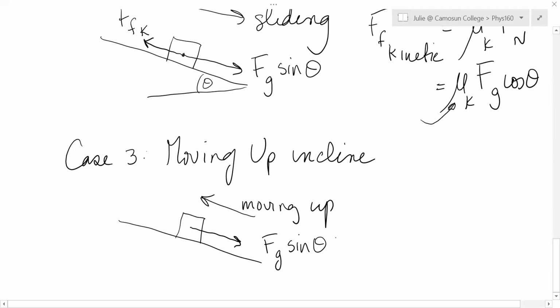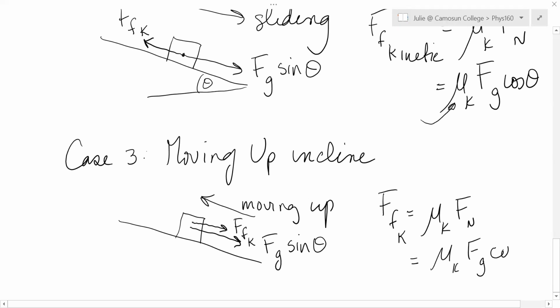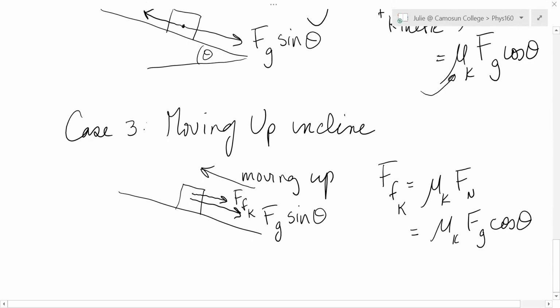But now if it's moving up, the force of friction, which will be kinetic again because it'll be sliding, will be opposite the direction, will be this way. Force of friction kinetic. Okay, so that will be opposing the motion as it goes up. And it's the same formula. Force of friction kinetic is still mu k Fn, and it's still mu k Fg cos theta. Okay, so that's just about every possibility for a mass on an incline.